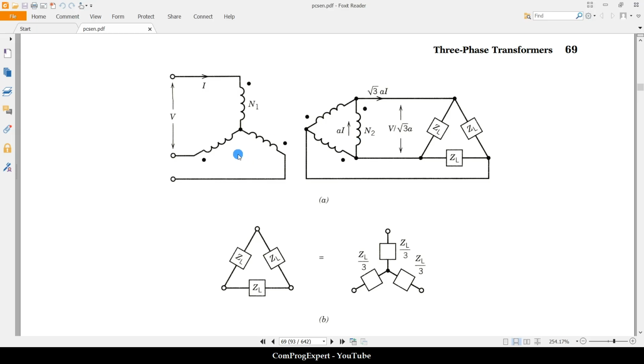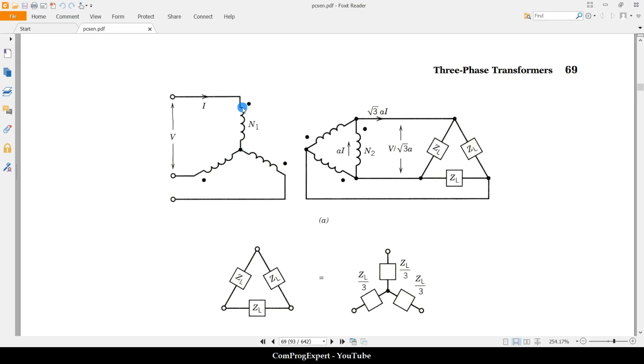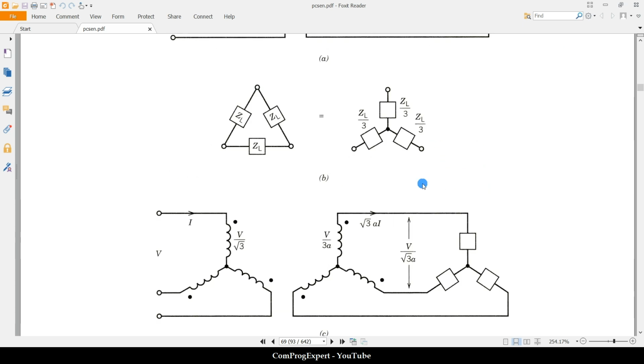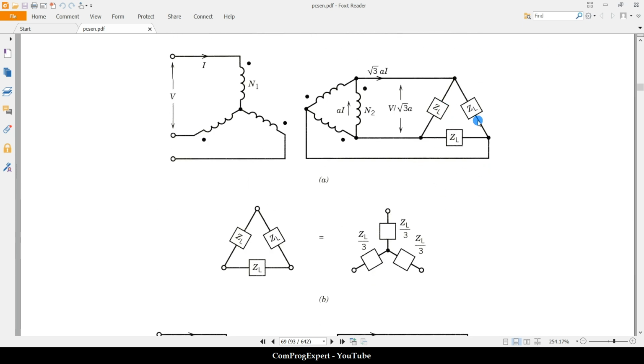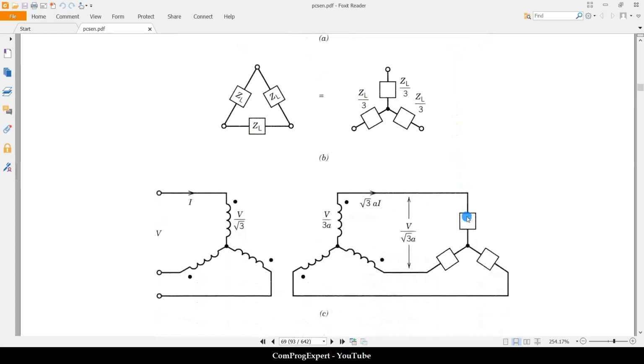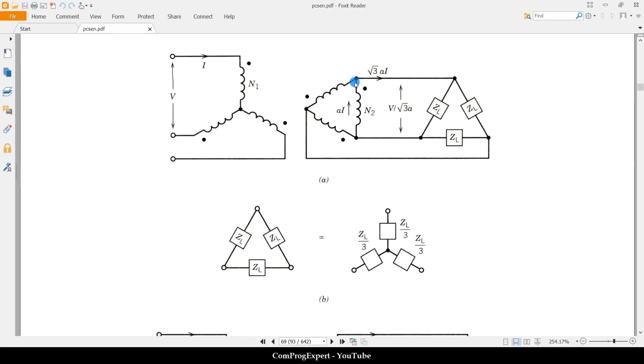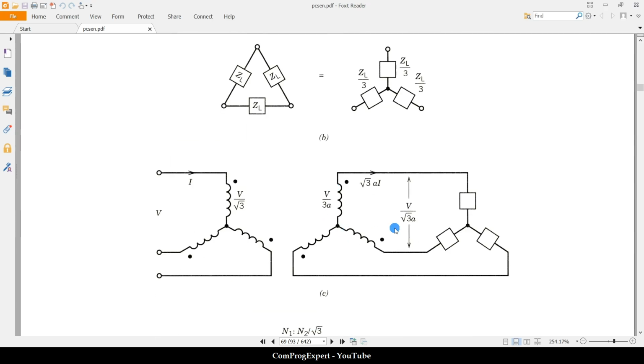These two are equivalent. You remember this equivalent transformation from the electric circuit course. So here we have this example: a star connection for the primary, delta connection for the secondary, and this delta connection for the load. Here we can change this delta connection to the equivalent Y connection, and also this connection for the secondary coils into this one.